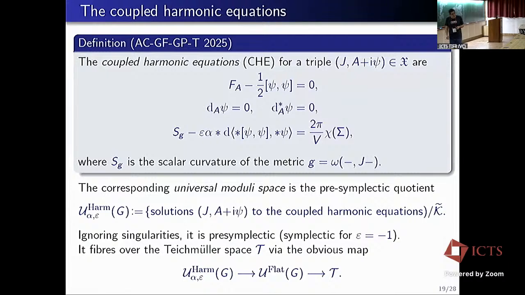But you're right, there are different ways of looking at different fibrations. I don't think so. This is new. This is new. And it depends on the parameter alpha.